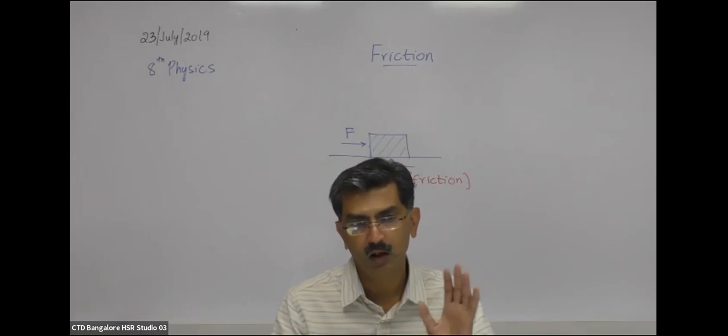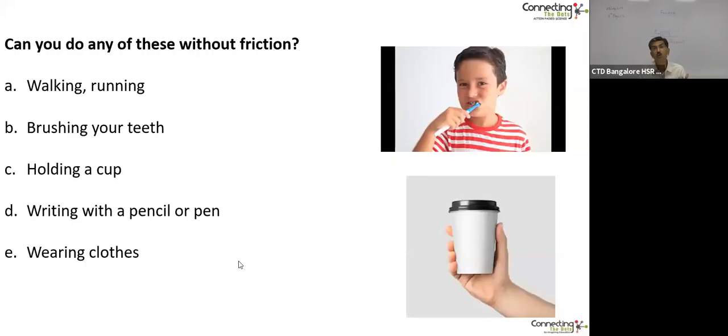So I cannot walk, I cannot run, I cannot hold the brush, I cannot hold anything. Even cleaning our teeth, there is friction between the brush and the teeth. Holding a cup, there is friction between our fingers and the cup. Writing, wearing clothes, everything we do needs friction. We could not do any of these things without friction.